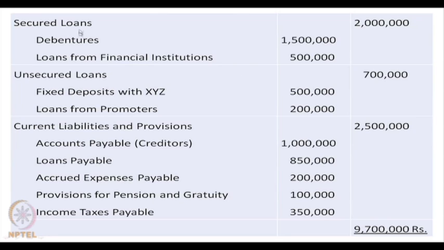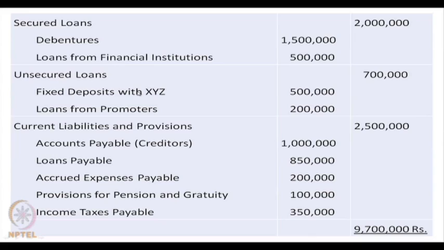These two are secured loans, meaning that the company has probably mortgaged some of their assets. Therefore, it is called secured loans, that is certain security against the loan taken, which means that if the loan is not paid back, then the lending institution has the power to sue and then sell the item against which the loans were taken to get back the amount from the company.